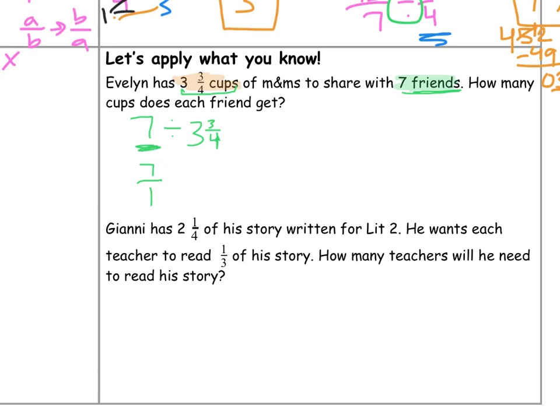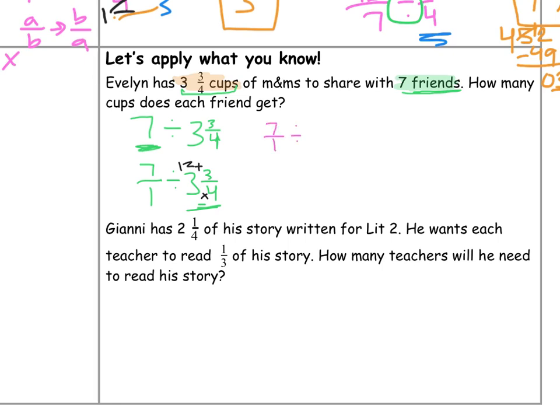So 7/1, and then I'm just going to rewrite our fraction of 3 3/4, and now we have to deal with this improper fraction. So we did that above where we multiplied the denominator times the whole number, so 3 times 4 is 12. And then we're adding that numerator. 12 plus 3 is 15. So I'm going to rewrite that over here.